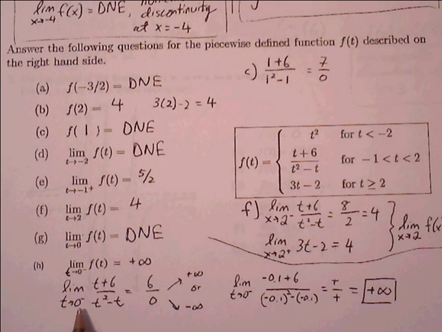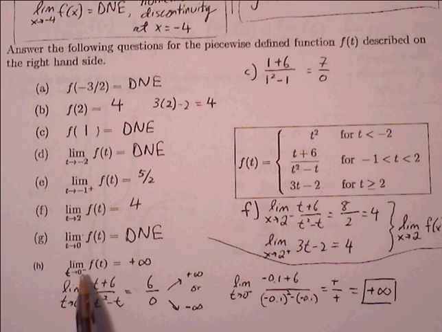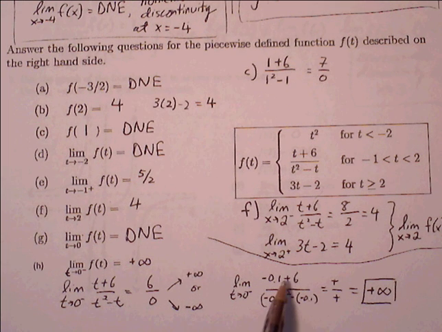So we can just test a decimal. This is where we have to evaluate using a decimal. A representative decimal from the left side of 0 could be negative 0.1. If we plug negative 0.1 into the t values here, all we care about is whether the numerator and denominator give us positive or negative values. There's only two options, either positive or negative infinity.